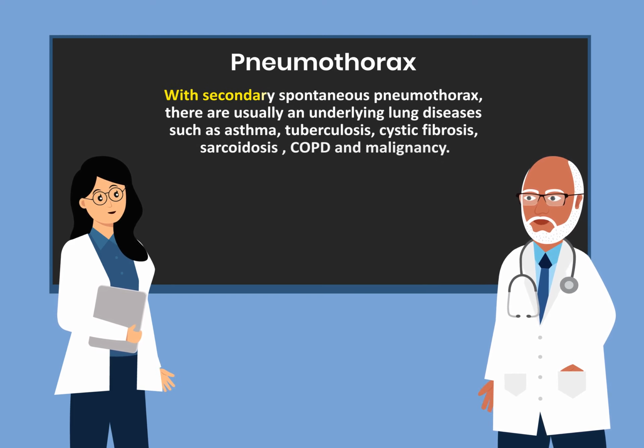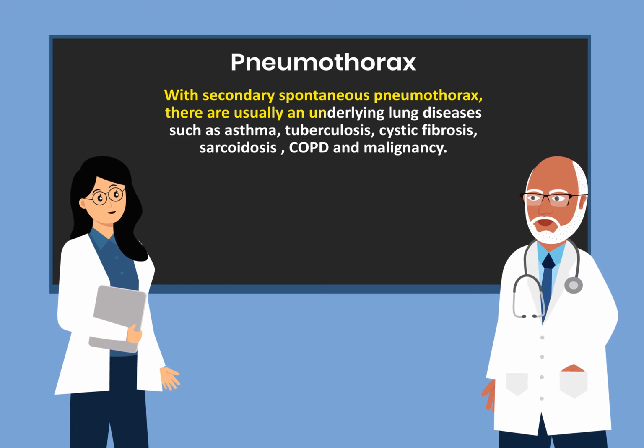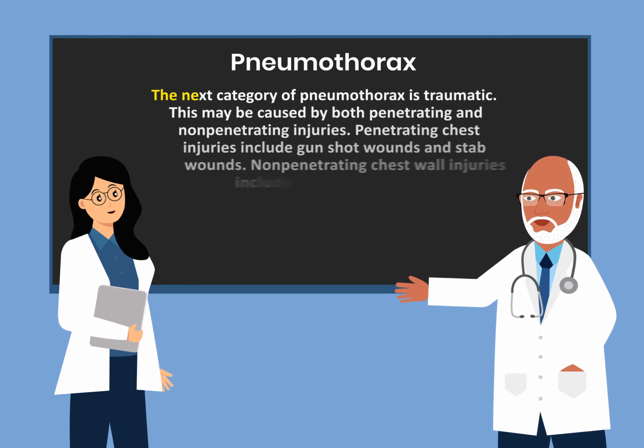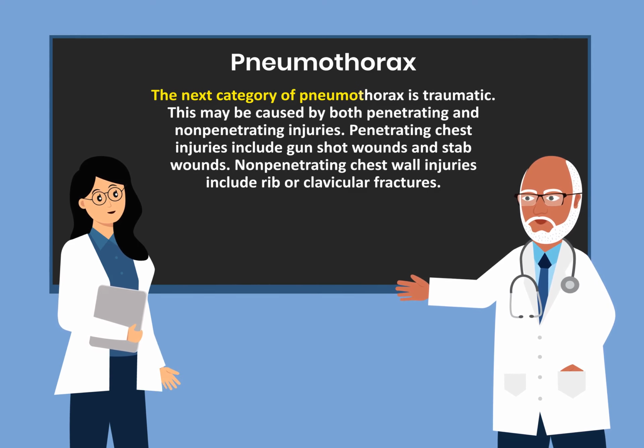With secondary spontaneous pneumothorax, there are usually underlying lung diseases such as asthma, tuberculosis, cystic fibrosis, sarcoidosis, COPD, particularly emphysema, and malignancy. The next category of pneumothorax is traumatic pneumothorax.